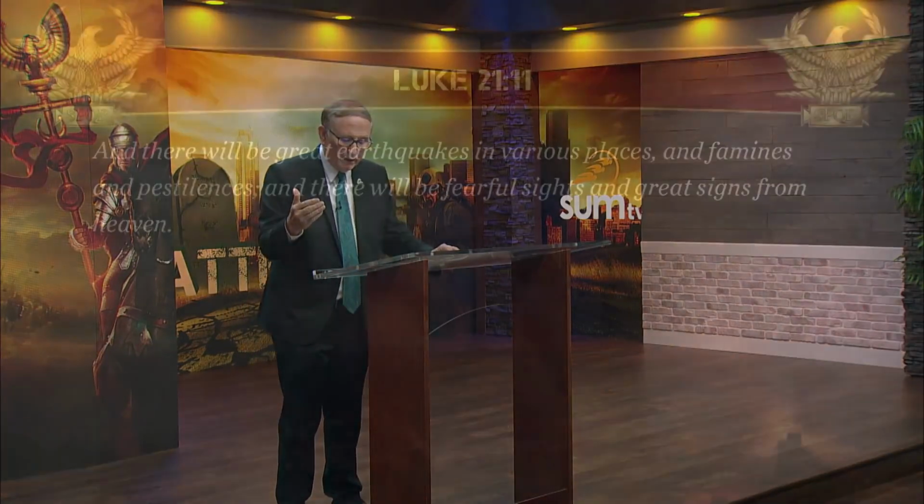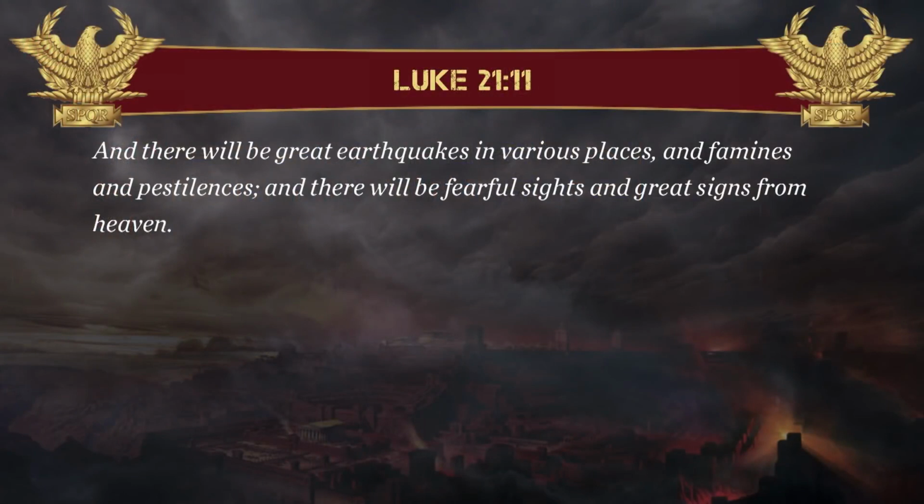Here, Luke, recording the sermon that Jesus spoke, wrote the following, "And there will be great earthquakes in various places, and famines and pestilences. And there will be fearful sights and great signs from heaven." So notice, Matthew says earthquakes, Luke says great earthquakes. It might appear to be an incidental detail, but it's important to get the full picture. Not only tremors, but great earthquakes.